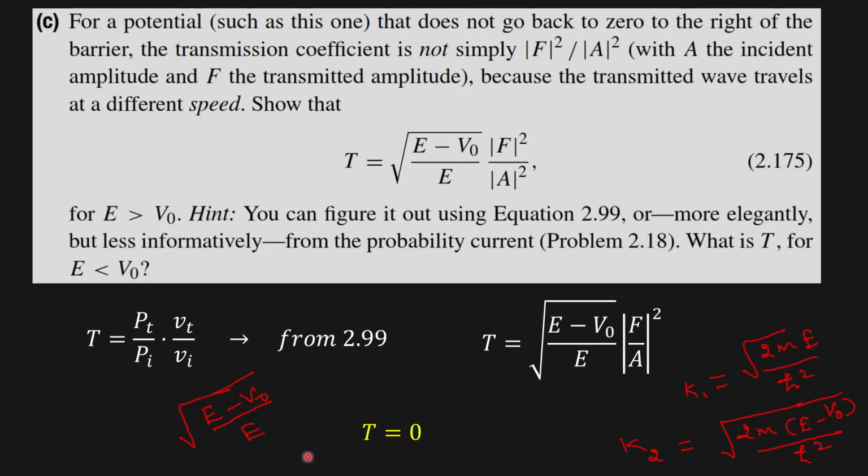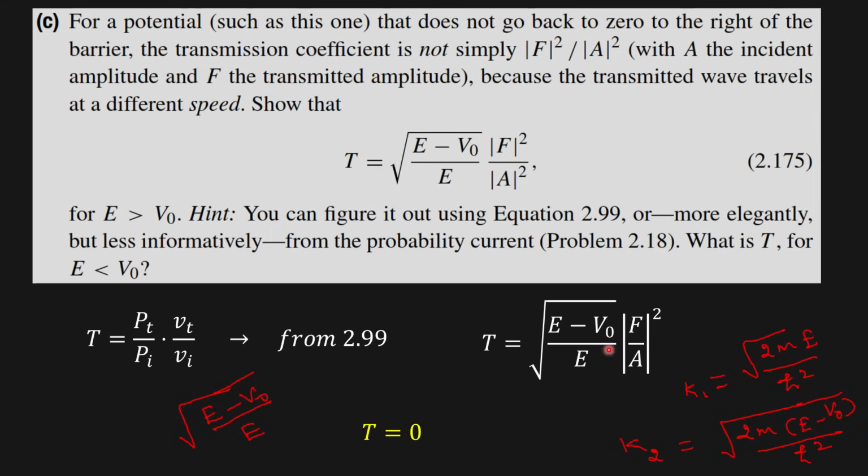The transmitted wave velocity is proportional to K2. If you take the ratio between K2 and K1, the 2m over h cross squared will get cancelled, and you will get square root of E minus V naught over square root of E.